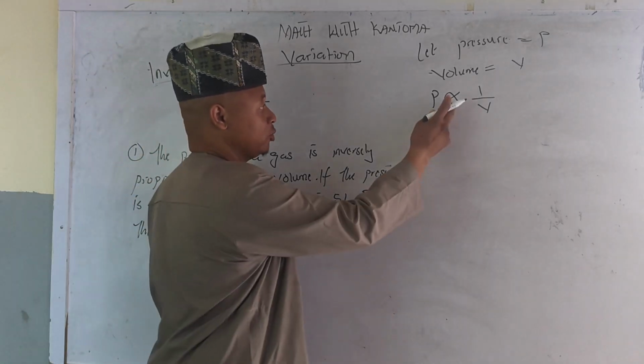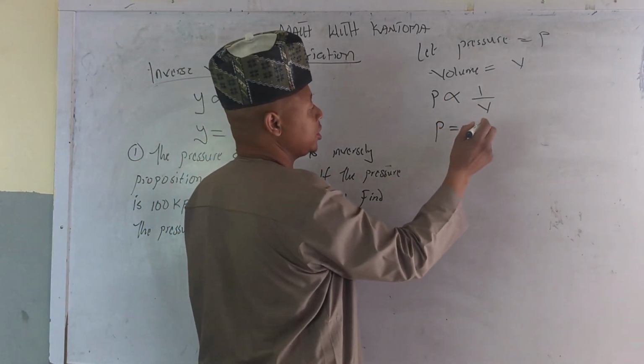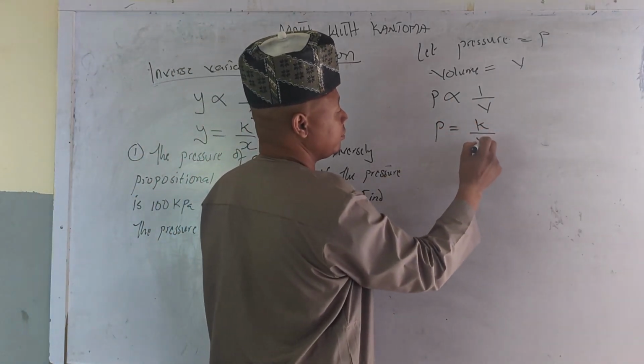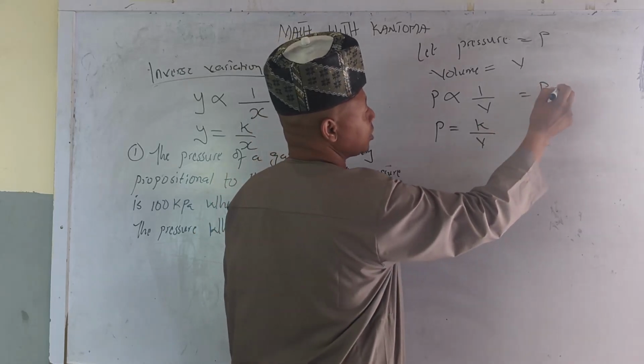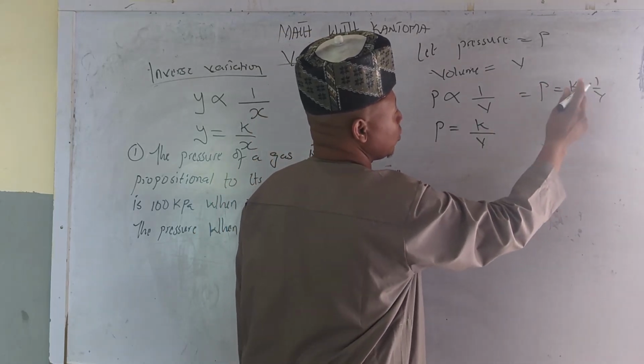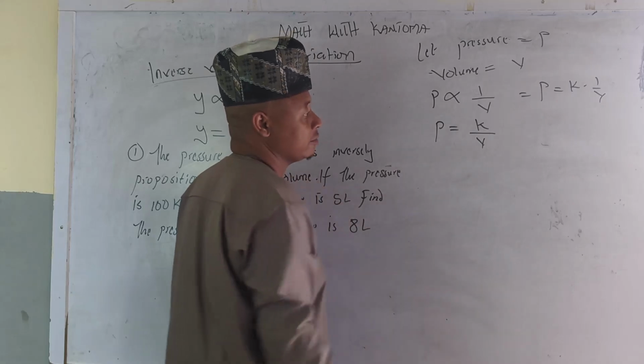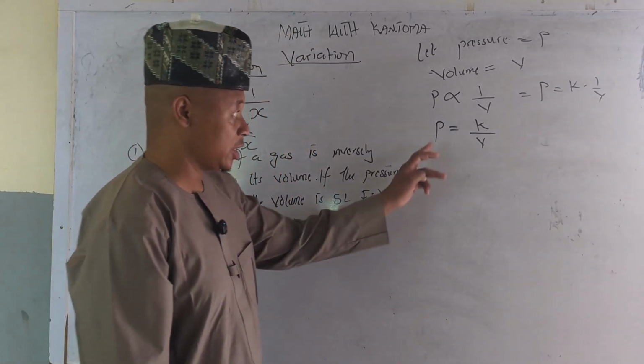So if we remove the sign of proportionality, we have P is equal to k over V. Because this is the same thing as P is equal to k times 1 over V, and 1 times k is still k, so we have k over V. So this is the equation now.